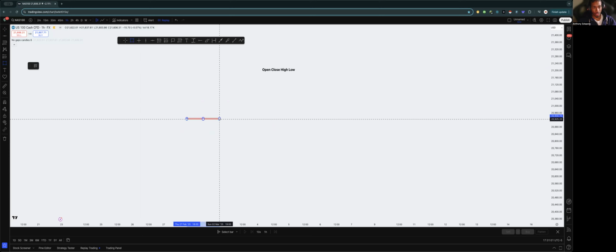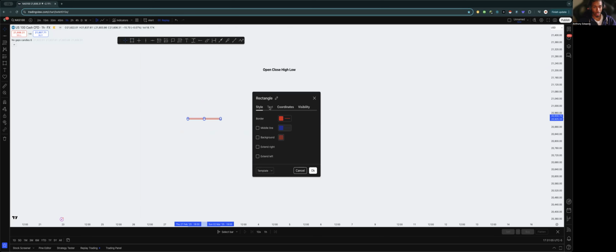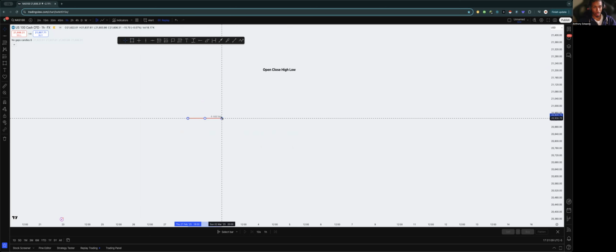If the 4-hour candlestick just opened, I would imagine it's probably going to appear black. Now, if it pushes, this is the open, when the 4-hour candle is created.